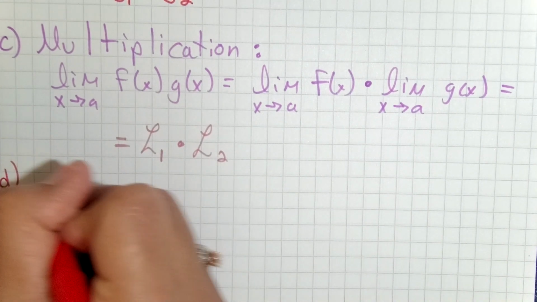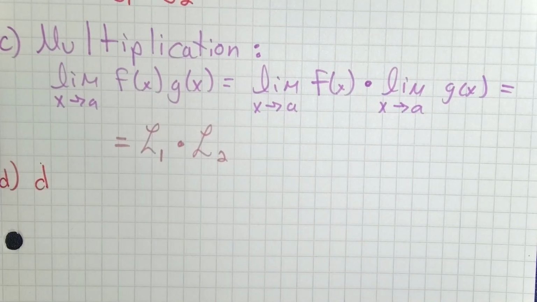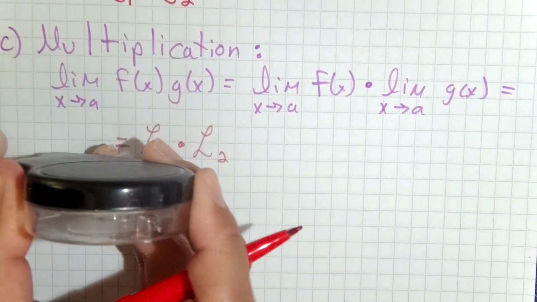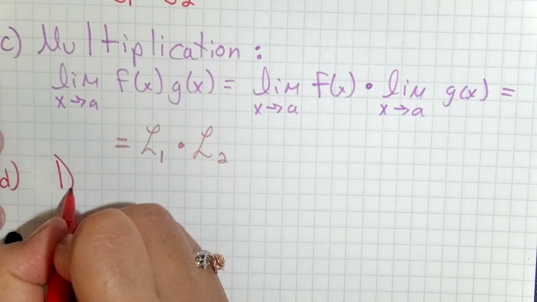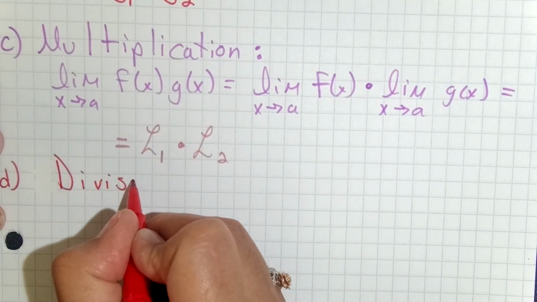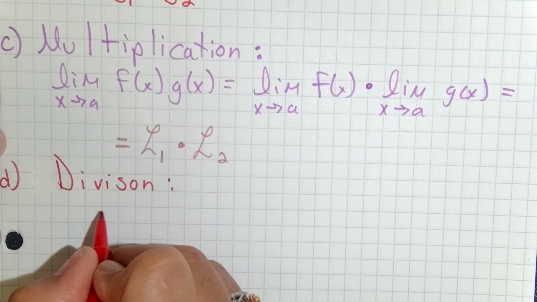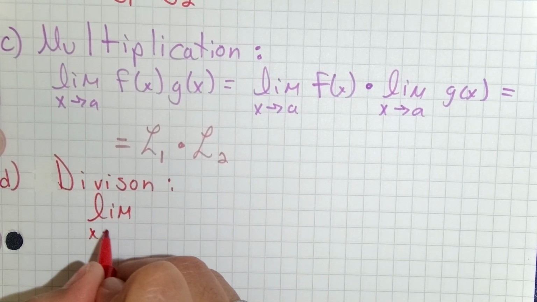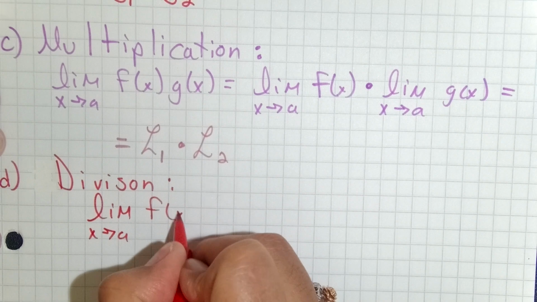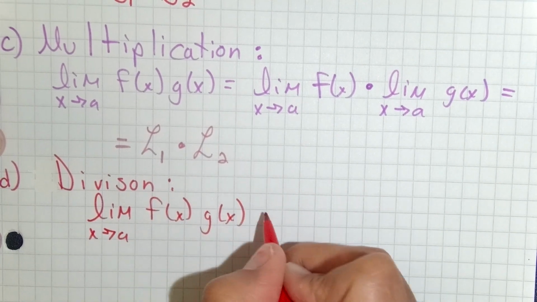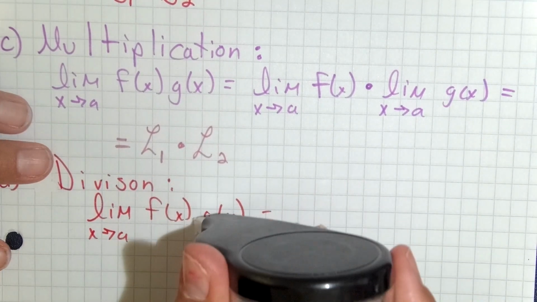Alright, second to last one is division rule. What do you think we're going to do to the limits? Divide. I should have just made you come up with the division rule. The limit as x approaches a of f of x divided by g of x. Nope. Sorry, my bad.